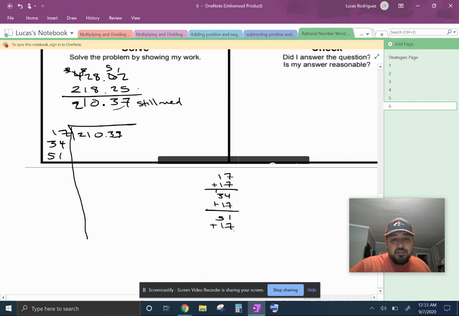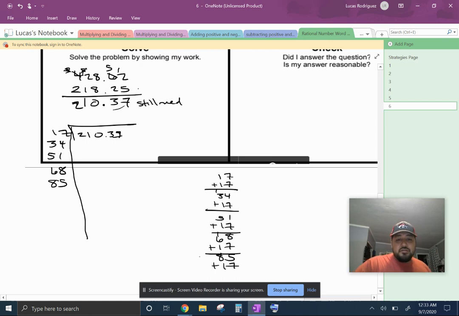Plus 17, it's going to be 68, times 4. Plus 17 would be 85. I got a feeling I'm going to do 2 more.